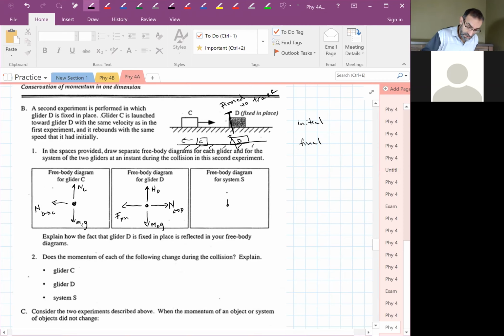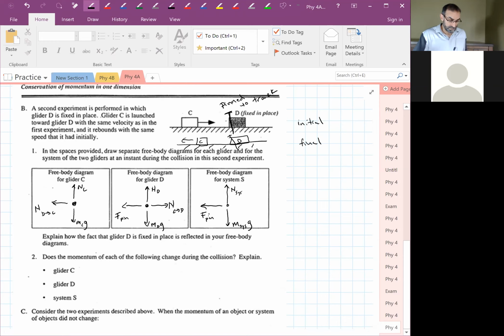And the system now has a force acting on it, right? Okay, we okay? Let's see. Does the momentum of C change during this collision?